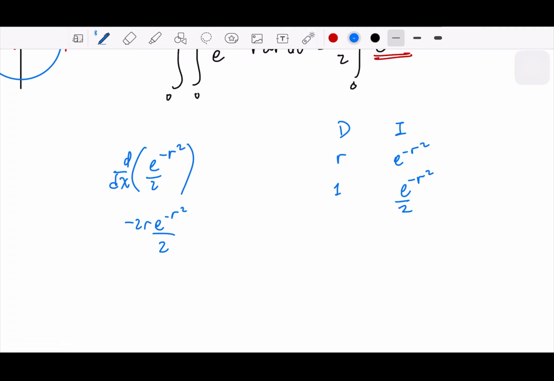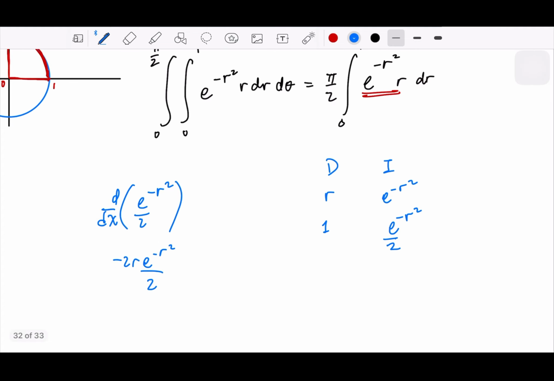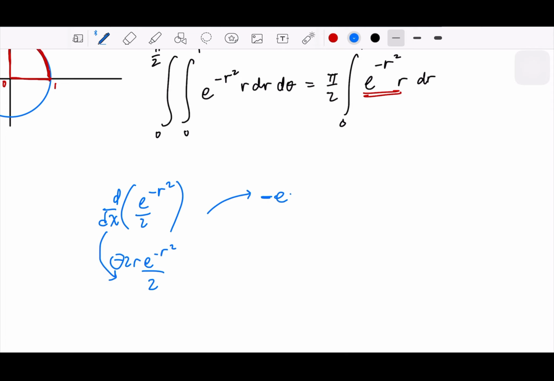Oh, I think we could just directly say, because if we take the derivative, we could get the answer directly, right? Because we have minus, we do have minus e to the r squared over 2.